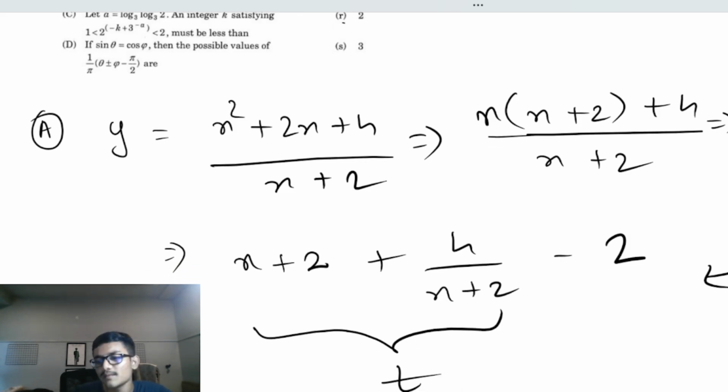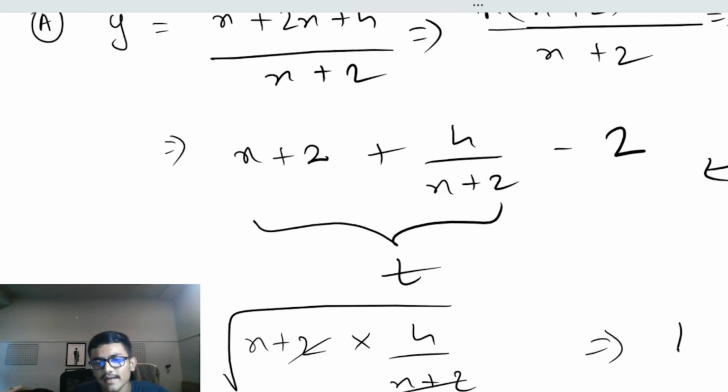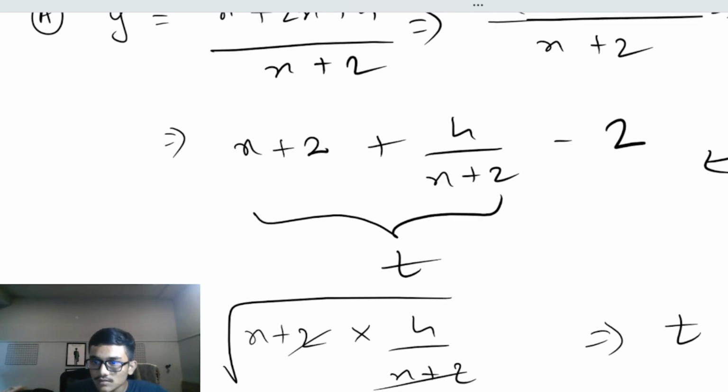Applying AM-GM inequality on t, I'll get t by 2, since there are two terms, will be greater than or equal to root over (x plus 2) times 4 upon x plus 2. Now I can cancel this, and from here I'll get t is greater than or equal to 4, since this root will become 2, and 2 times 2 is 4. So the minimum value of t is 4.